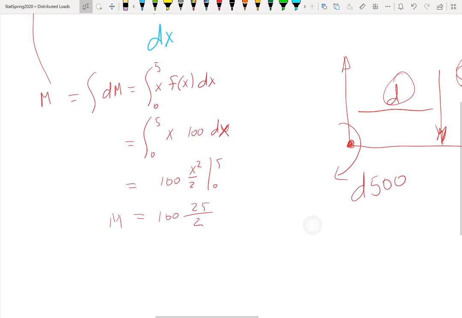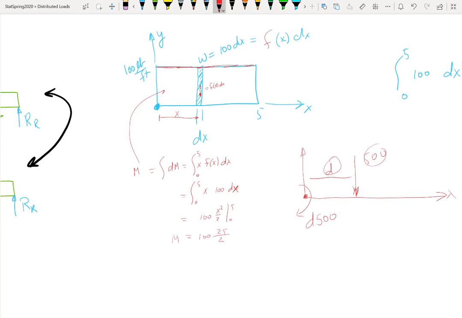Now, if you look over here, remember what we're trying to do. We're trying to make this equivalent to that. If we can accomplish that, then we will have the correct load, 500 pounds, distributed at a certain distance that makes these moments equal.